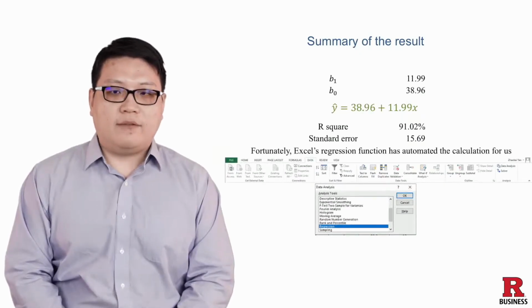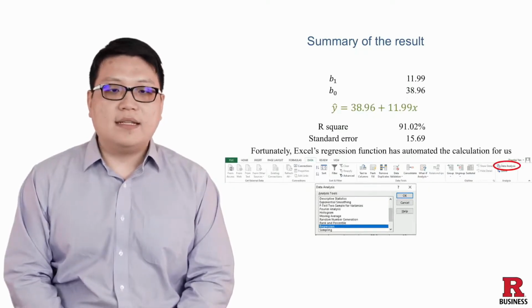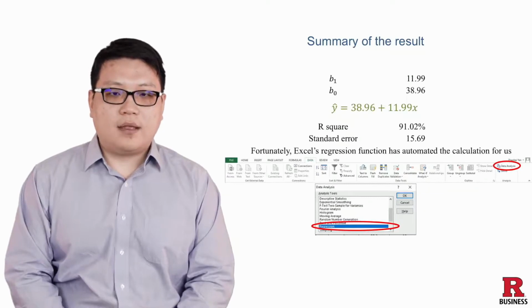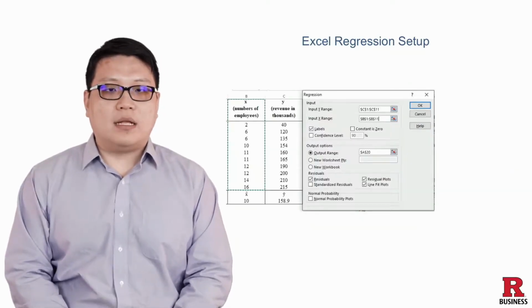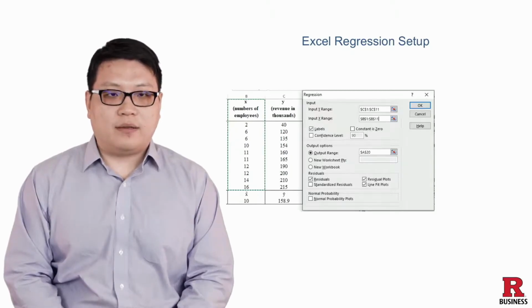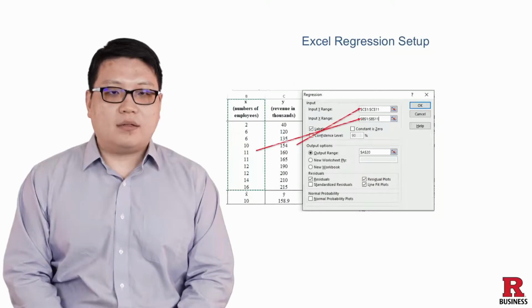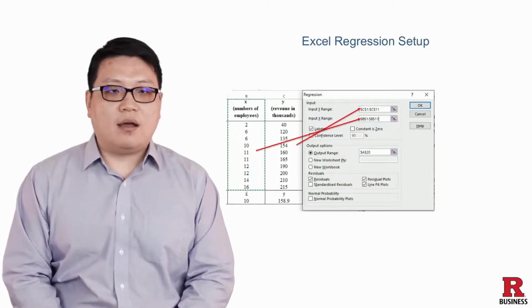If you open Excel, under the Data tab, you can find a Data Analysis option. Click on that, and you can find Regression in this window. Select Regression, click on OK, and this window will pop up. The input section here needs you to specify where the data is.